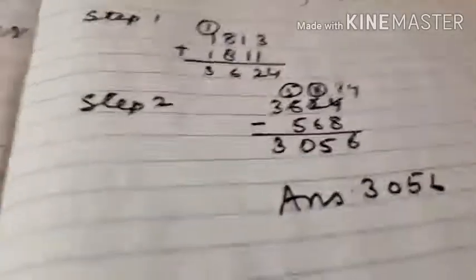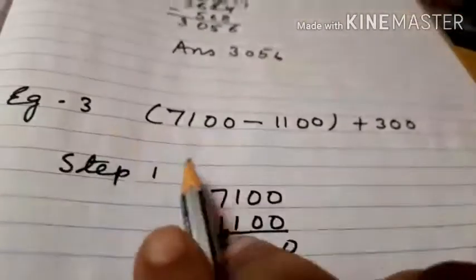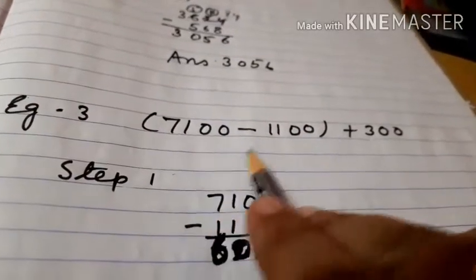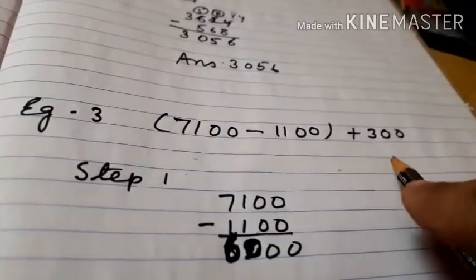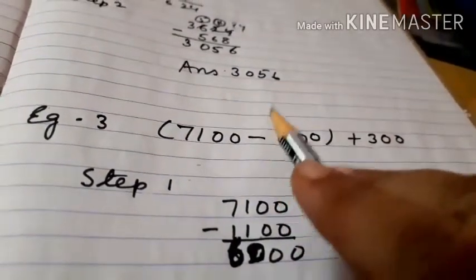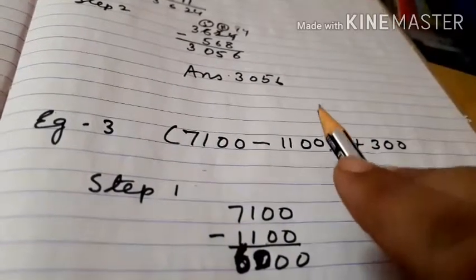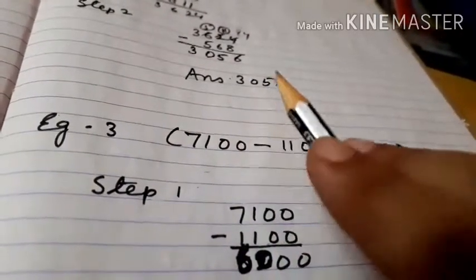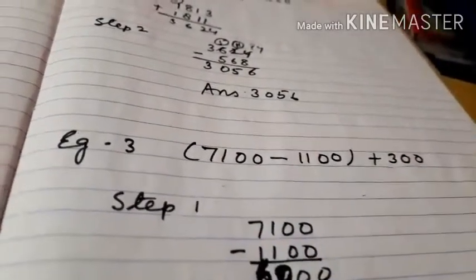We will do one more example. Next question is 7100 minus 1100 in a bracket and then add 300. So the first rule is first add then subtract, but here we will apply the second rule. When a bracket is given, solve the bracket first.